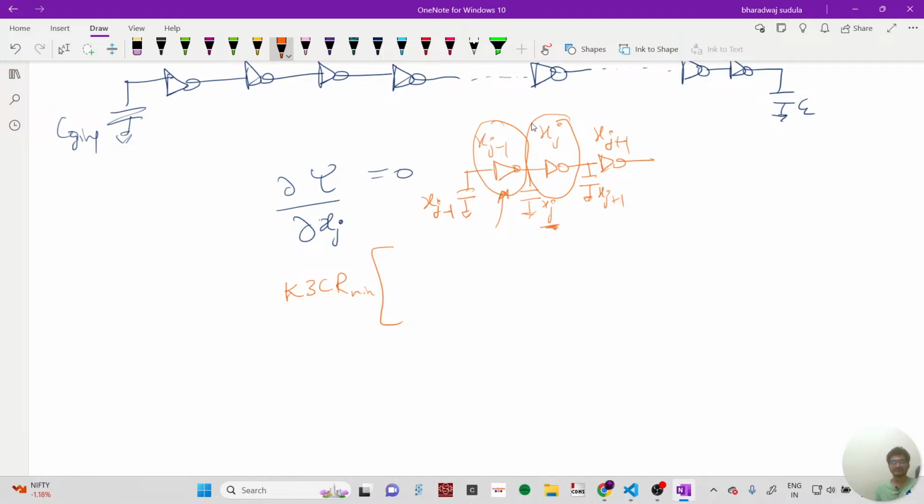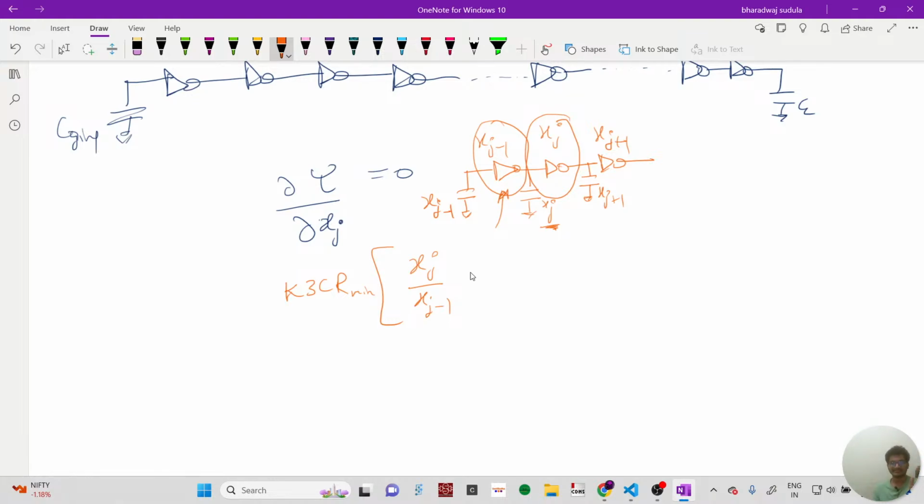So I need capacitor terms of these two gates, the jth gate and the previous gate. So I could write it as xj by xj minus 1. This is the electrical fan out.